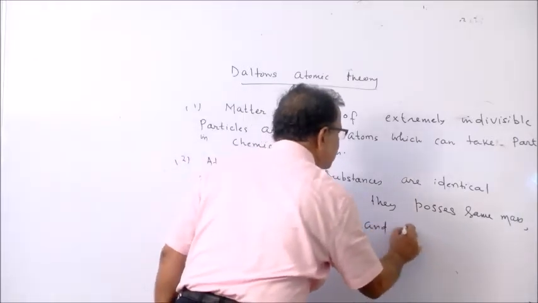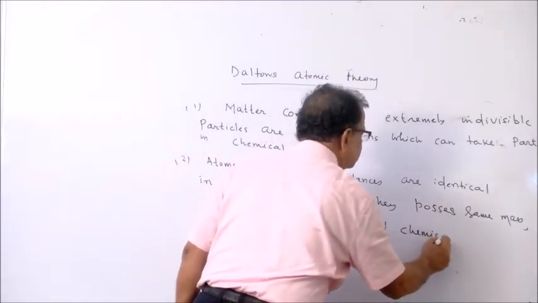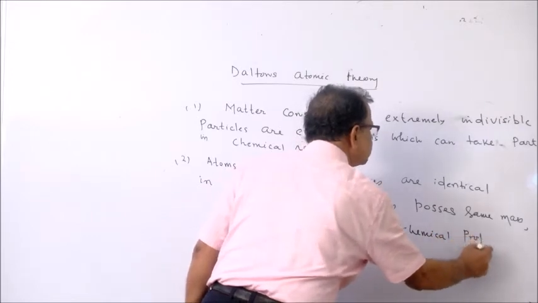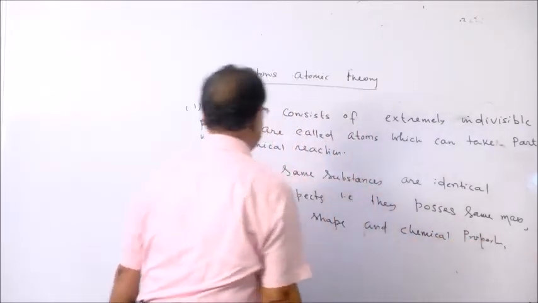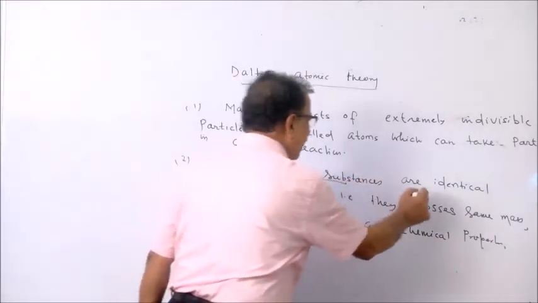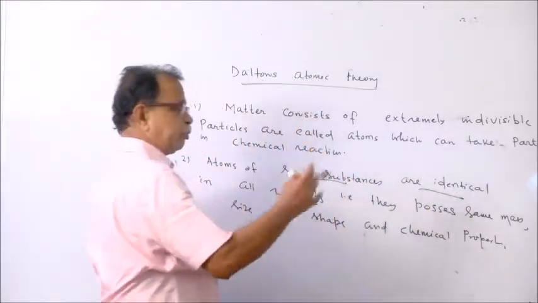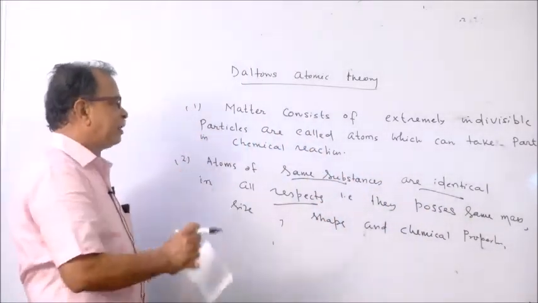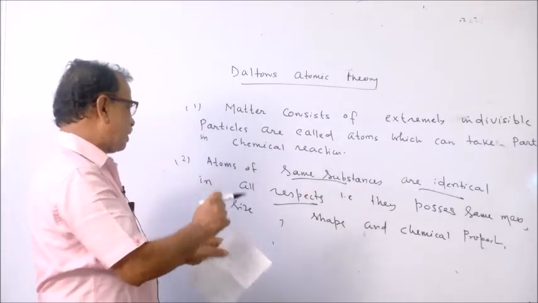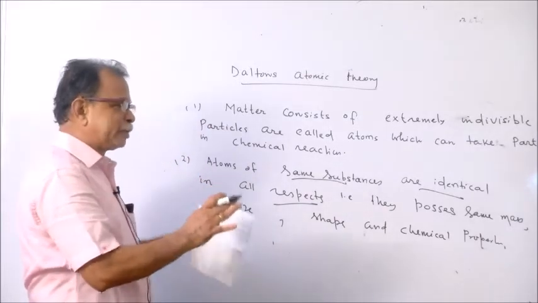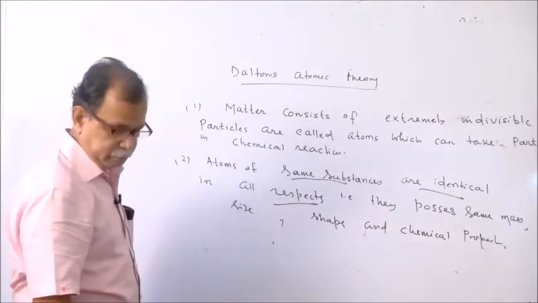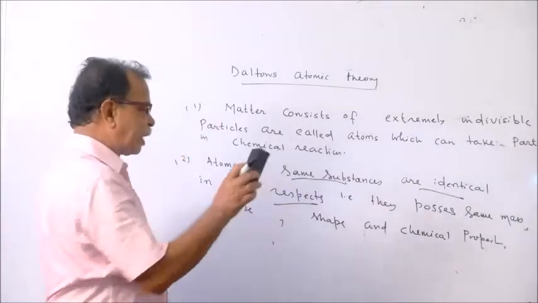Write down chemical properties. Second one, the same substance atoms are identical in all respects. If you take iron and break it, the atoms present have the same mass, size, shape and chemical properties. All atoms are the same.